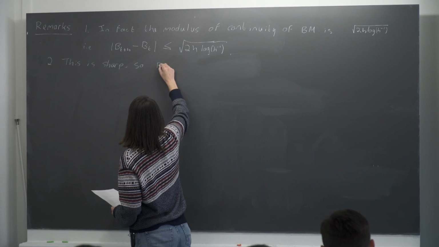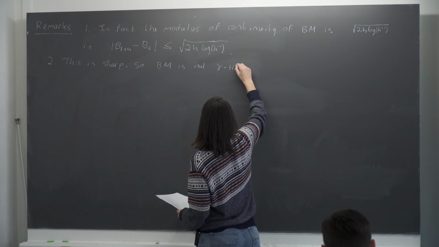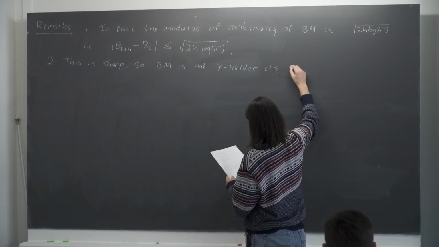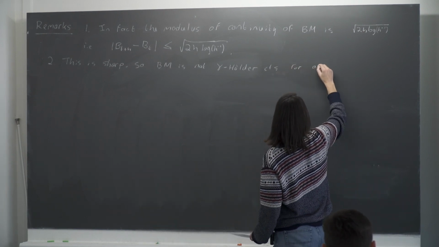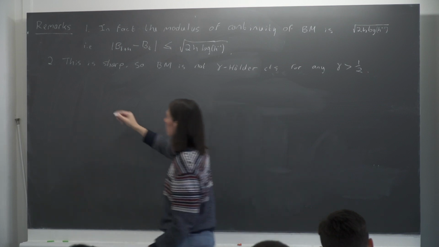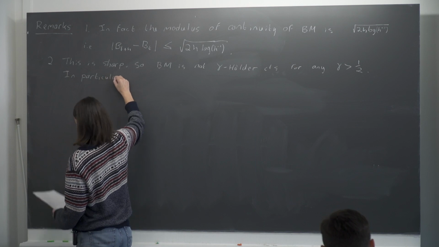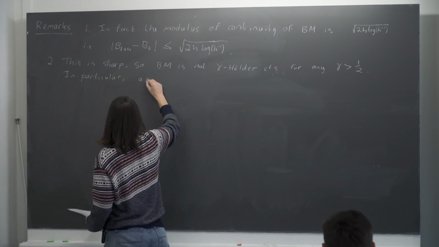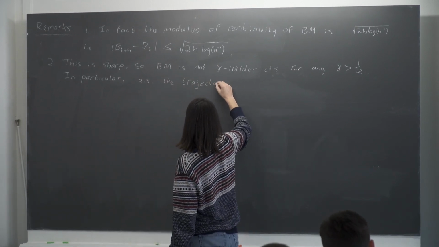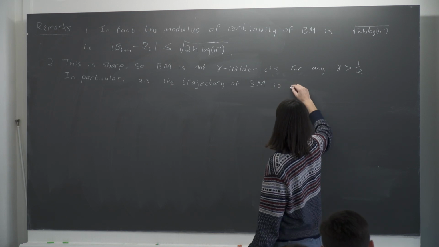So in fact we have that Brownian motion is not gamma Holder continuous for any gamma strictly bigger than 1/2, and in particular almost surely the trajectory of Brownian motion is nowhere differentiable.